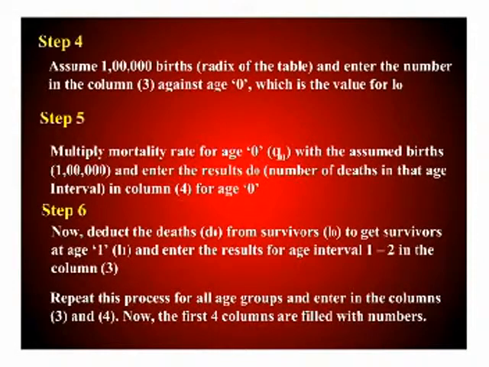Step 6, now deduct the deaths, d0, from the survivors small l0 to get the survivors at age 1, that is small l1, and enter the result for age group 1 to 2. Then repeat this process for all the ages and complete columns 3 and 4.